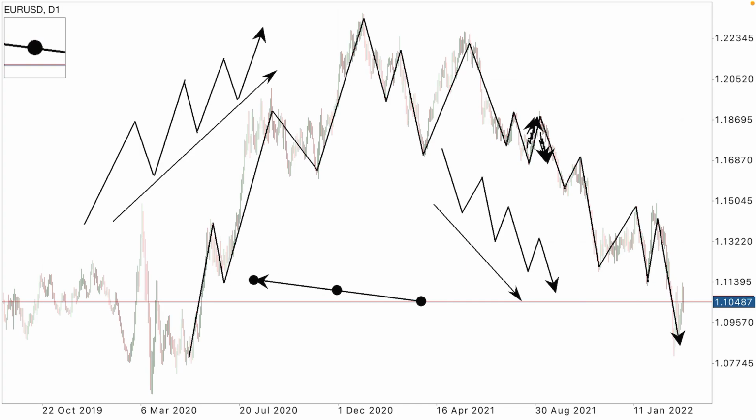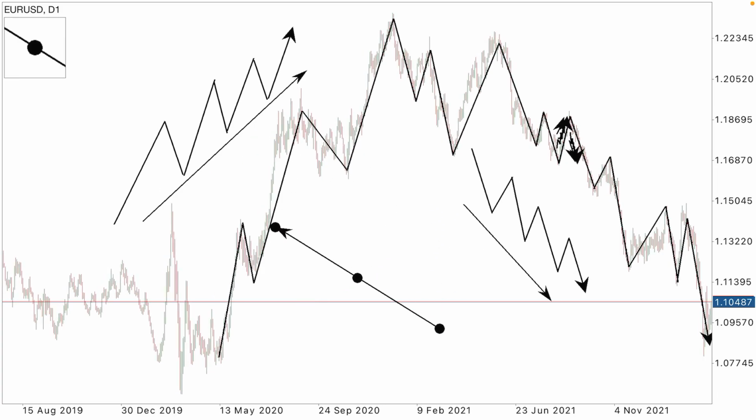So here in this case, you see market structure here, and this area is bullish. This is a bullish market structure. Price is creating higher highs and higher lows, higher highs and higher lows. As you can see, I've marked it out here. This is bullish market structure, and that's how the market is moving.